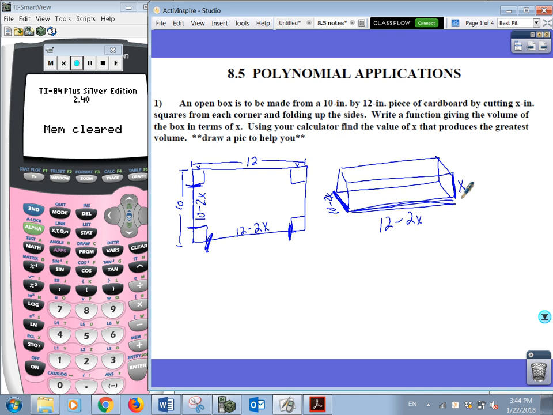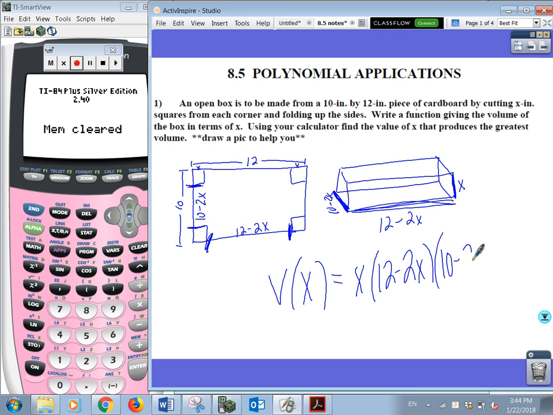So write a function giving the volume of the box in terms of x. So volume in terms of x, that's how you would write that, function notation. And we have x times 12 minus 2x times 10 minus 2x. So there is your volume of the box in terms of x.